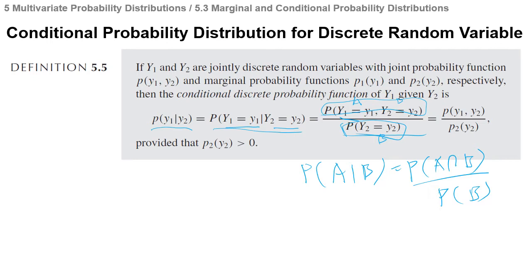Because when we say the probability of y1 equals small y1, what this means is the probability of the set A, and this set is y1 equals small y1. The random variable y1 takes the value small y1.